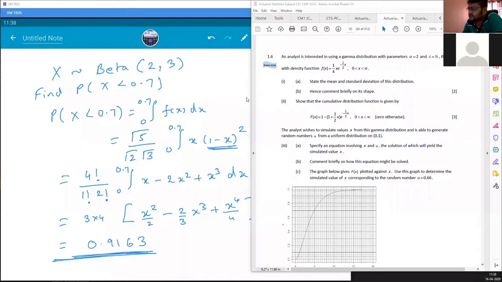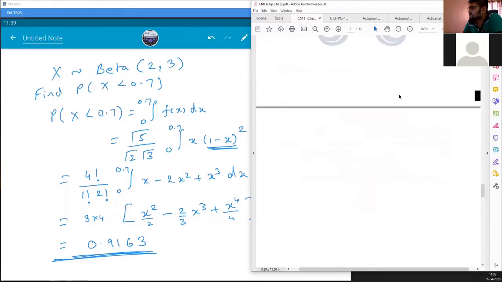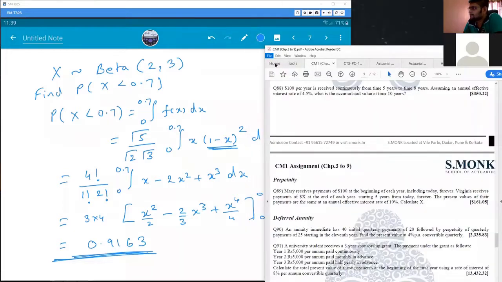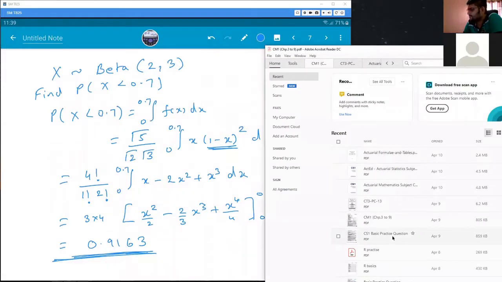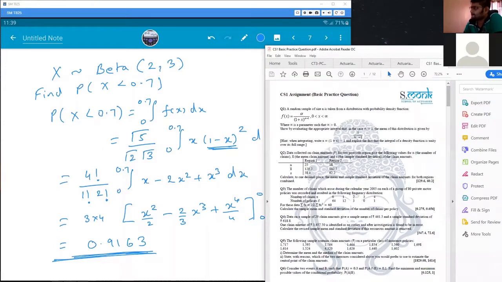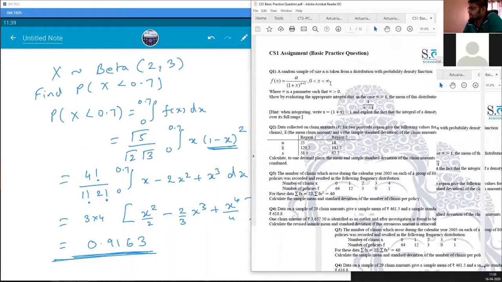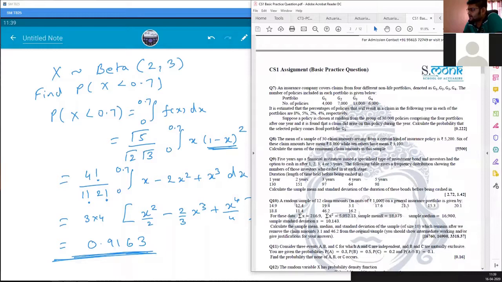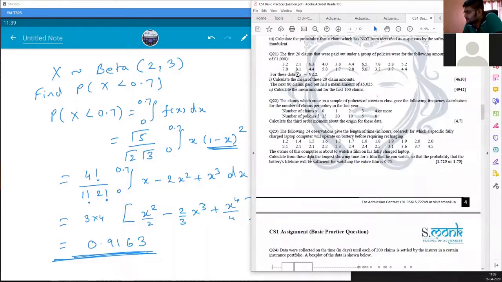In question 23 of the assignment, calculate from these data the longest showing time for the film.